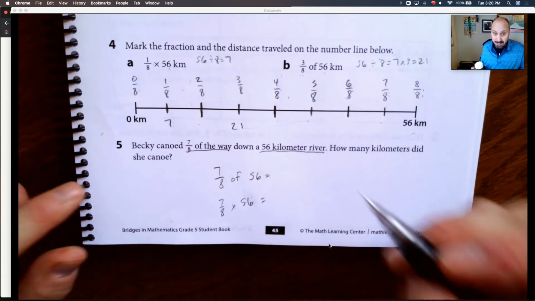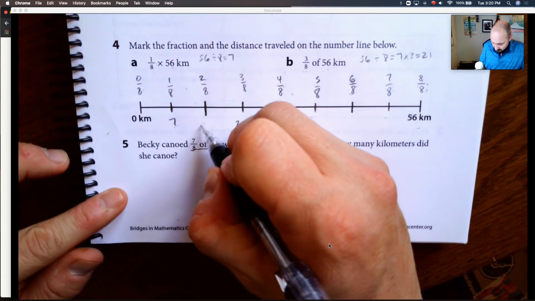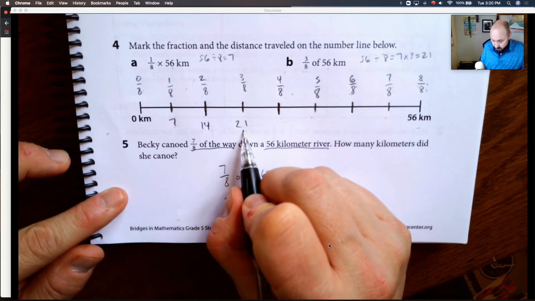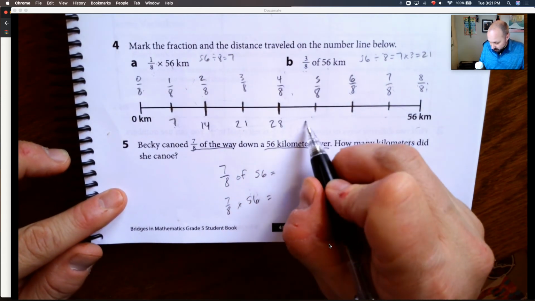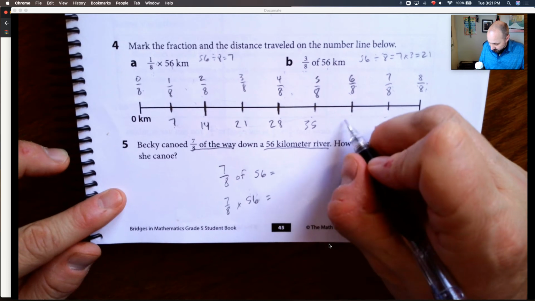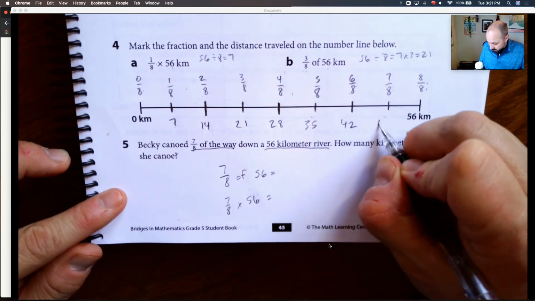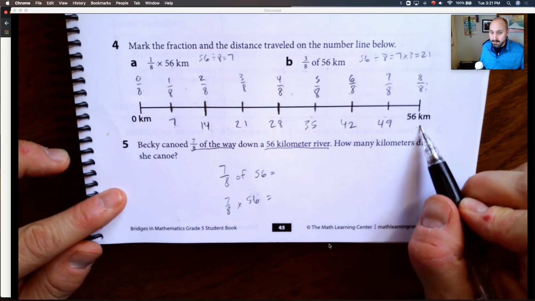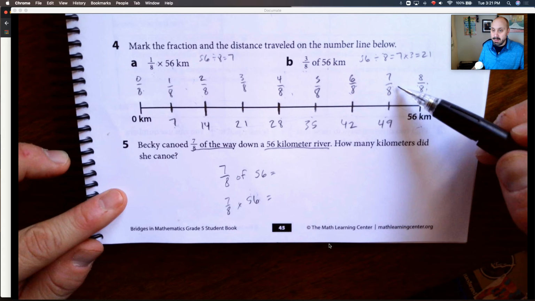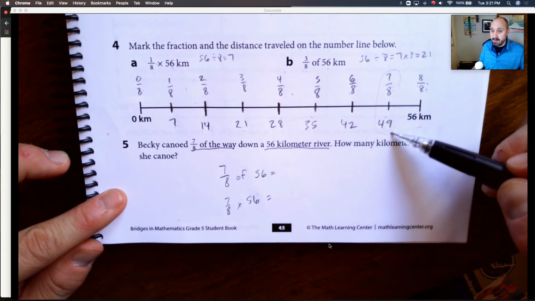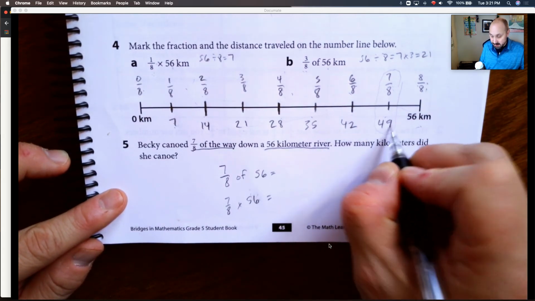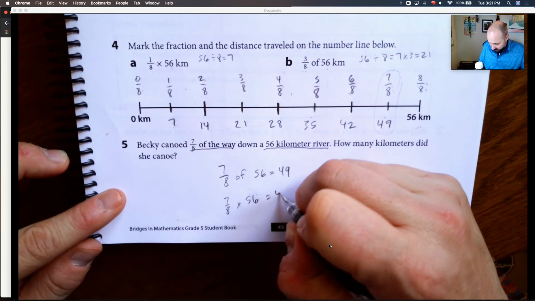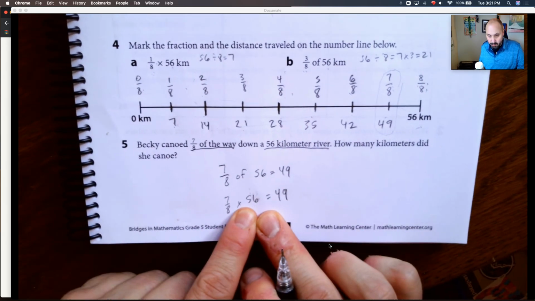So I have 7, 14, 21, 28, say it with me, 35, 42, 49, 56. So I am looking right here at the 7/8. Okay. So 7/8 of 56 is 49, or 7/8 times 56 is 49.